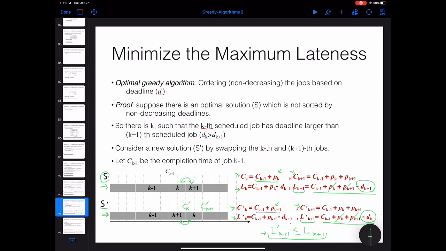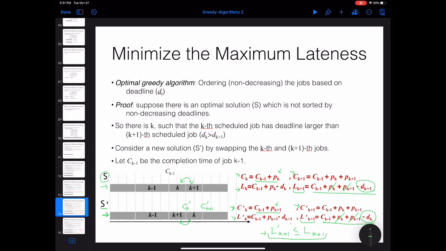Because of this, I can keep doing the same exchange over all those pairs of jobs that the order of the deadlines is not matching the order of the deadlines in the greedy solution.